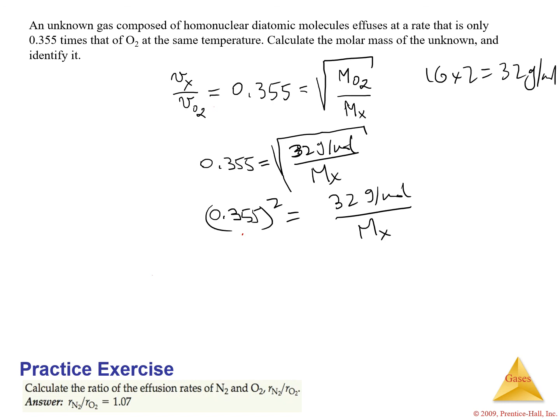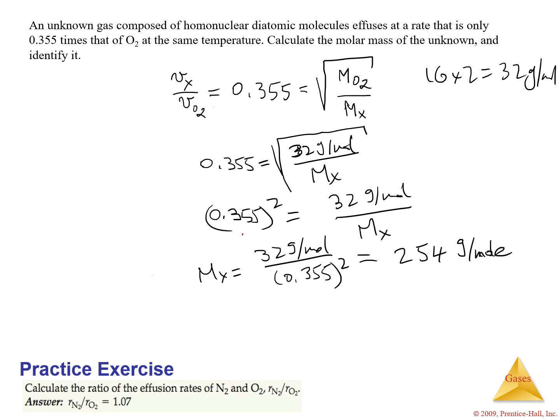So that means that M of X must be equal to 32 grams per mole divided by 0.355 squared. And that is equal to 254, and the unit is still there, grams per mole.